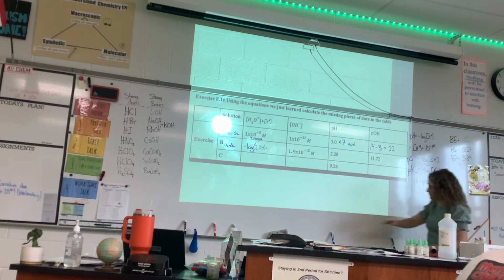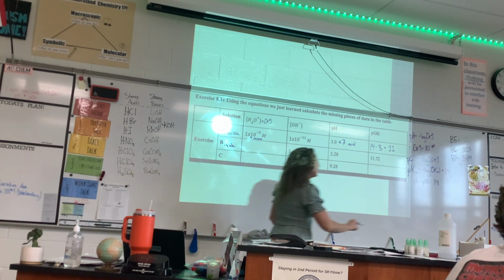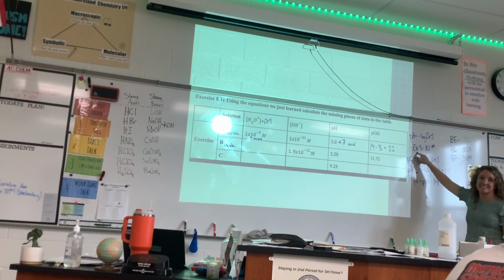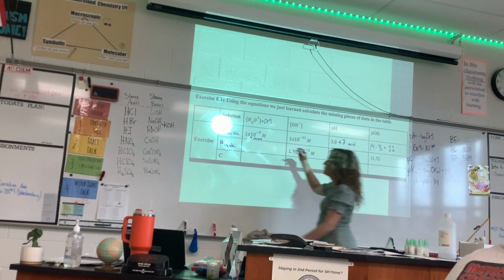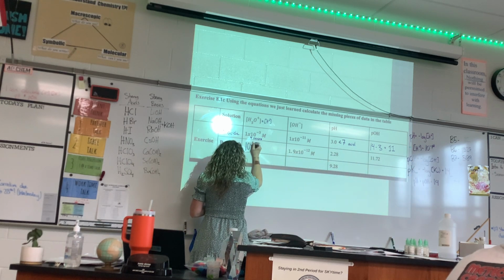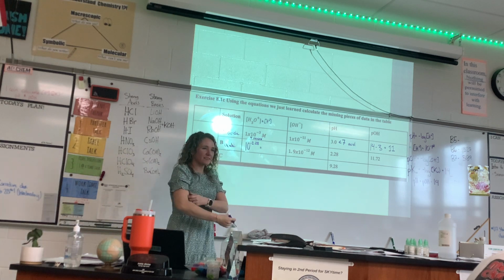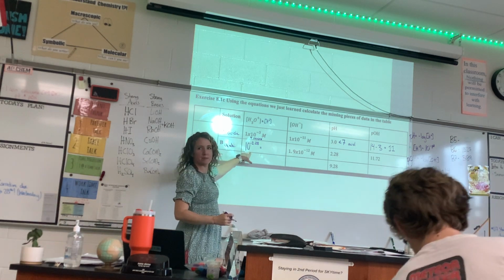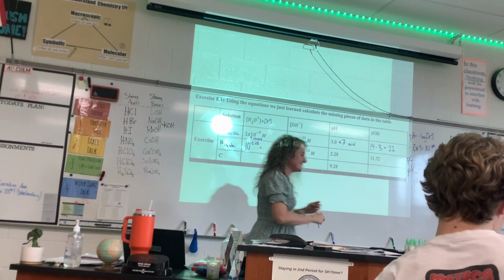Sorry, I wrote that weird. Erase that. Hopefully you didn't use a pen. Because we want to find H+, and I know pH, so we're going to do 10 to the negative 2.28. Plug that into your calculator, and that gave me 0.0052.